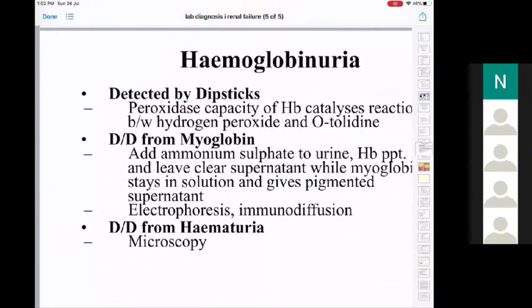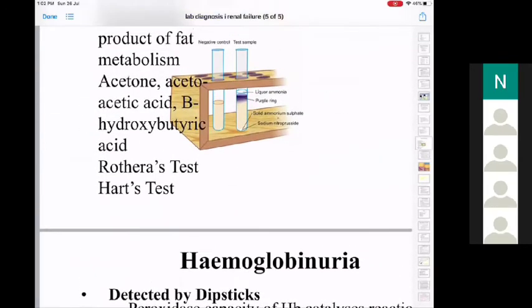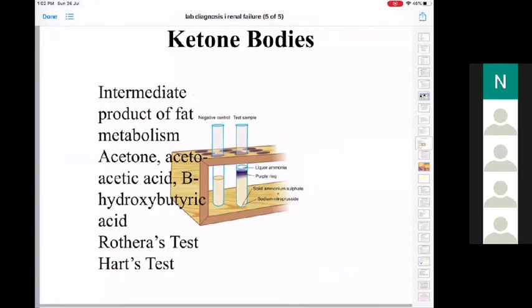Fourth is hemoglobinuria. In the ketone body test, you will see a purple ring that occurs between two liquids. The first liquid is liquor ammonia, and the second is urine mixed with sodium nitroprusside. How will we do the ketone body test? First, we take 5 ml of urine in a tube, then hypersaturate it with sodium nitroprusside.